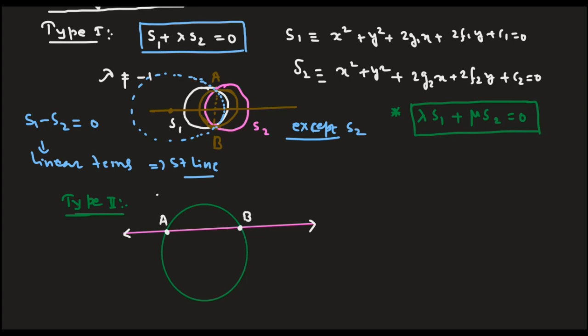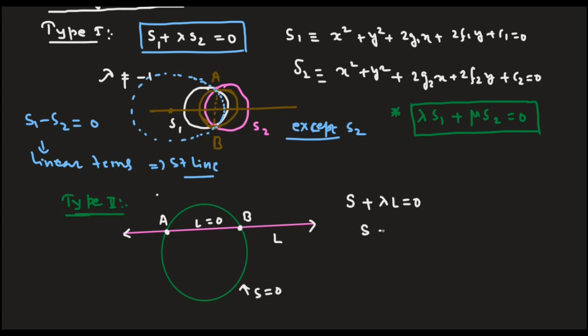So type 2, the equation of the family of circles which pass through the point of intersection of the circle S and the straight line L equal to 0 is S plus lambda times L equal to 0, where S is the equation of the circle and L is the equation of the line.